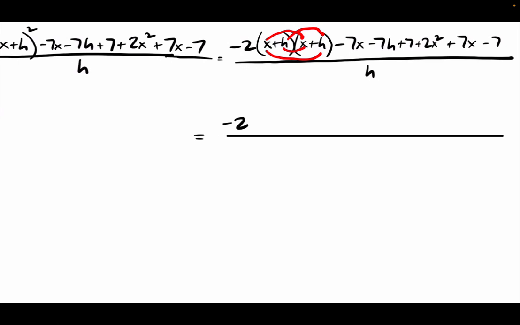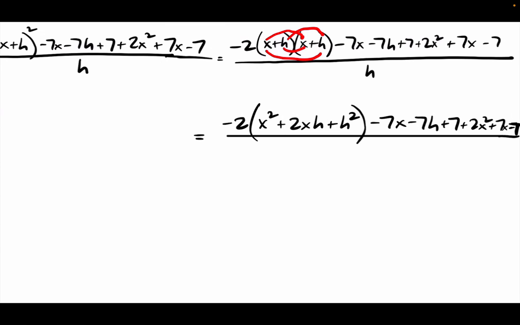It's negative 2 times this guy. So I'm going to keep this stuff inside parentheses. X squared first plus 2xh plus h squared, right? Minus 7x minus 7h plus 7 plus x 2x squared plus 7x minus 7.